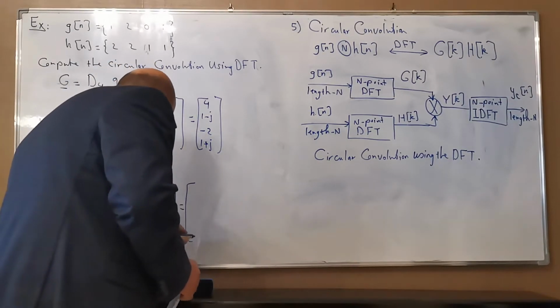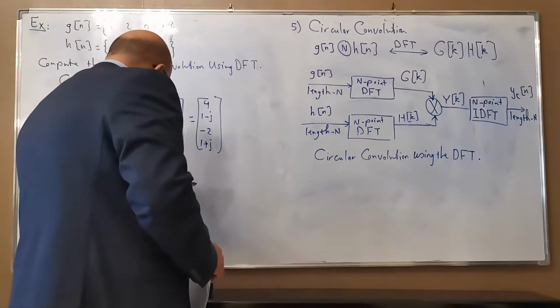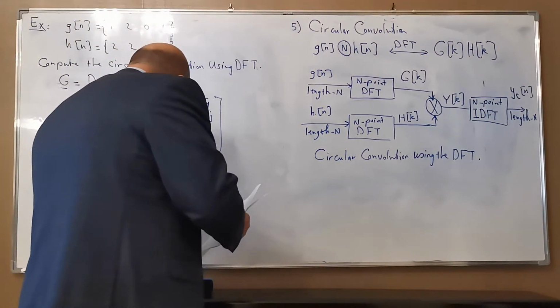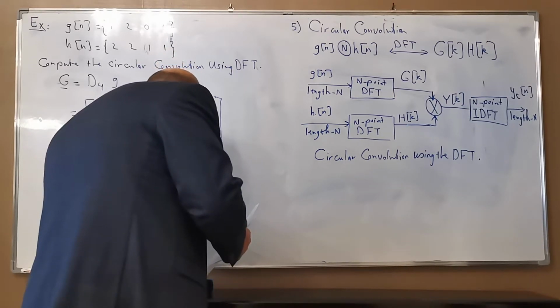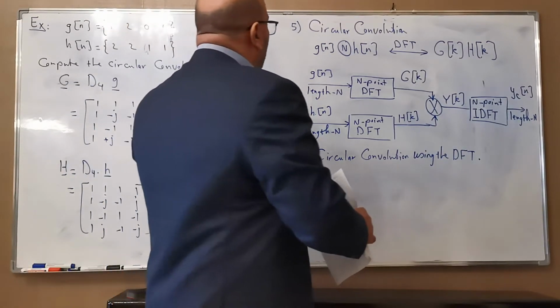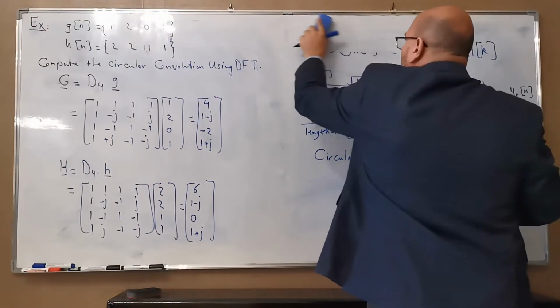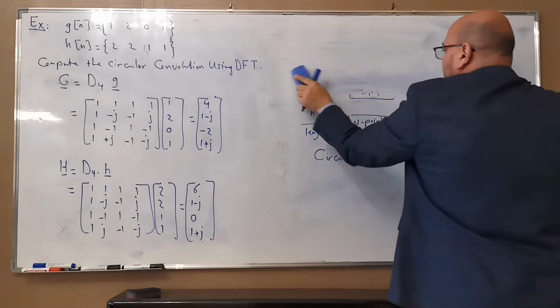And the answer here is 6, 1 minus j, 0, 1 plus j. Okay? So the next step is to multiply g of k.